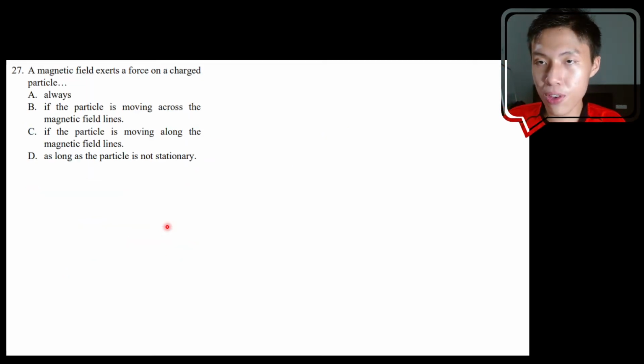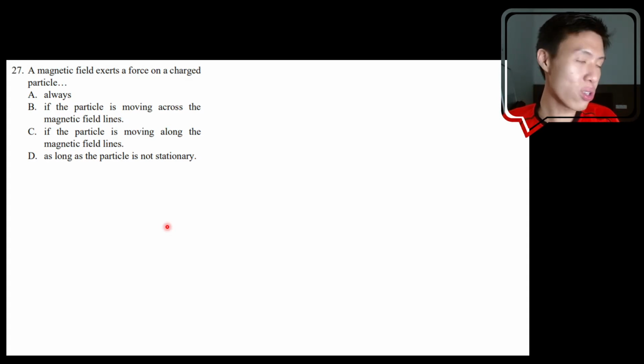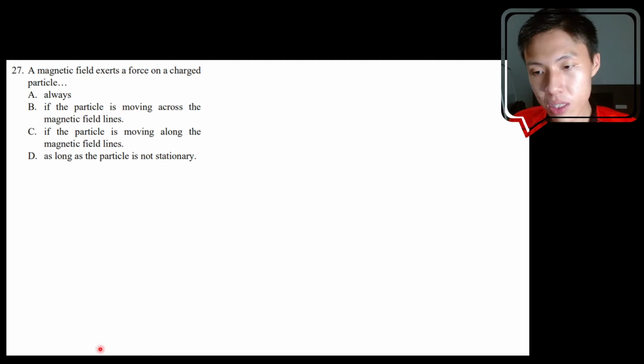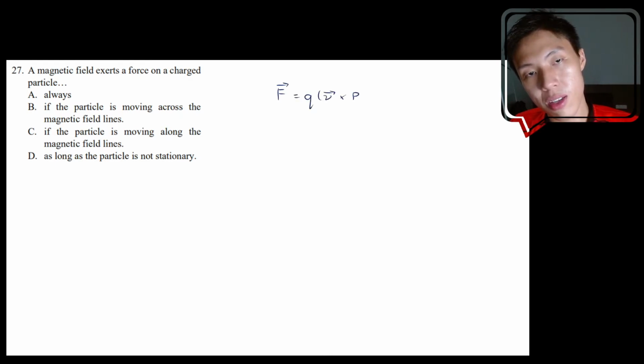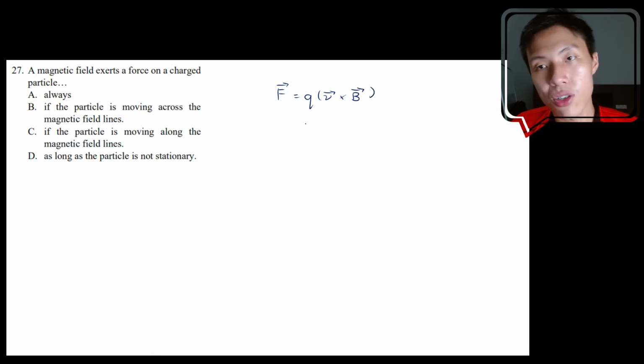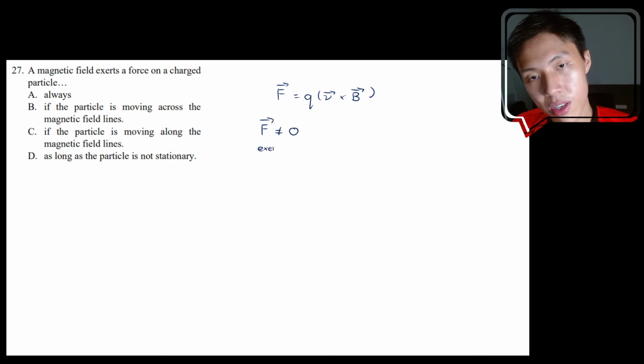A magnetic field exerts a force on the charged particle always, or is it not always? Okay, so the idea is like this. I'm going to go through it quite fast. F is equal to QvB. So the question is, for F to be not equal to 0, meaning if you want to exert force, what must happen?